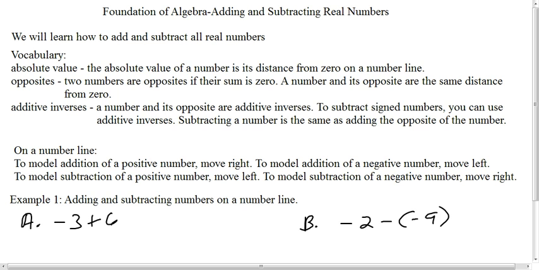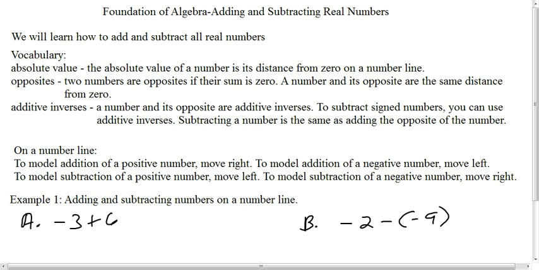Now, on a number line, real good information right here. We just want to take a few minutes to understand some concepts. It's not going to be a long video. On a number line, to model addition of a positive number, no matter where you are, you move to the right.